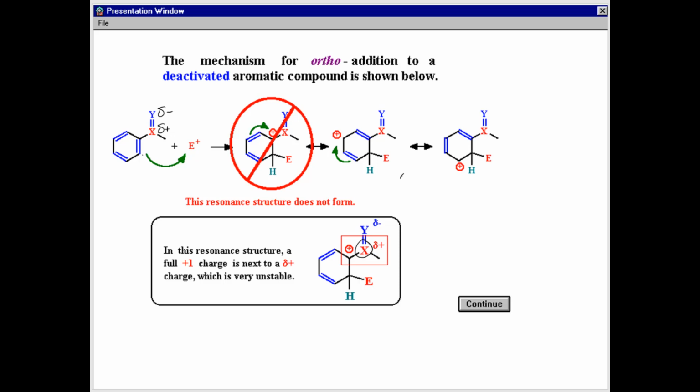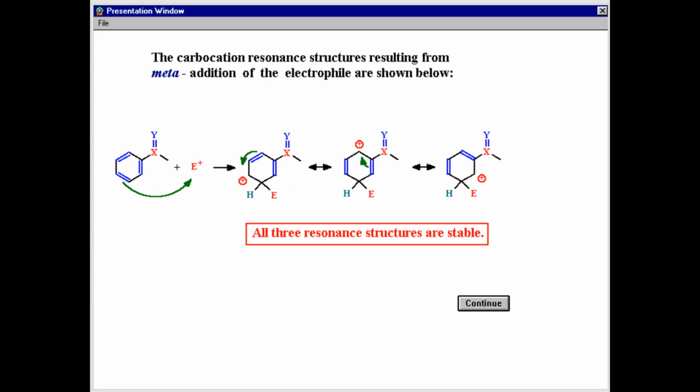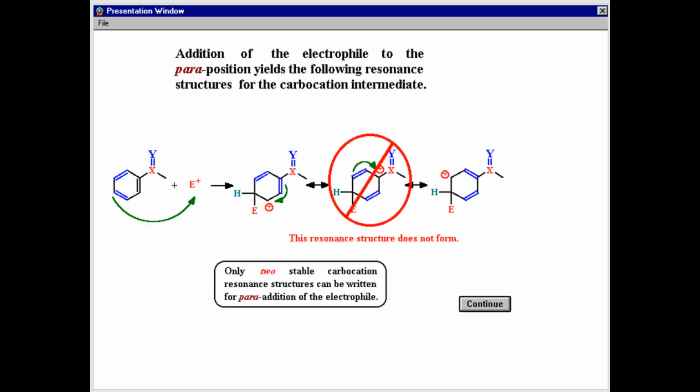So in this case, I only get really 2 stable resonance structures. So now when I add the electrophile to the meta position and I get my 3 resonance structures and none of them are next to the X group, that's good, right? Because now I've got all 3 resonance structures being stable. And then, of course, if I add to the para position, the plus charge is going to end up next to the delta positive carbon or nitrogen, and therefore that resonance structure is not going to be stable.